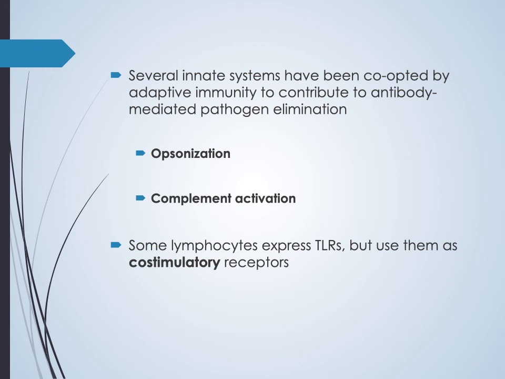Okay, and so there's again this idea of this overlap, and then also some lymphocytes are able to express TLRs, and they actually use them as co-stimulatory receptors. So you have your main T cell receptor and MHC interacting, but then you also have to have these co-stimulatory receptors, and so TLRs can act as that. So there's overlap in the systems.